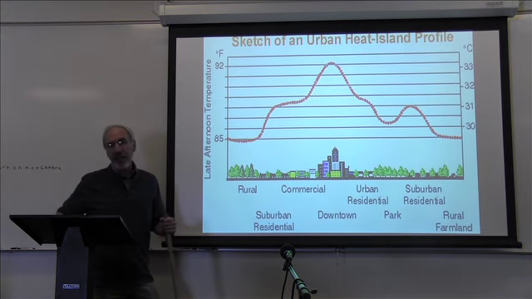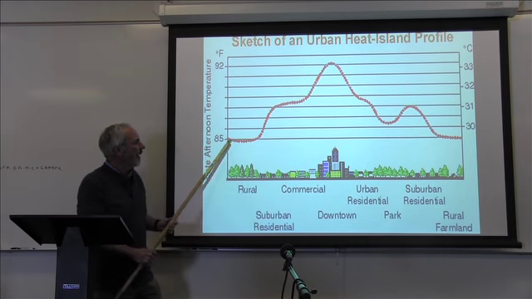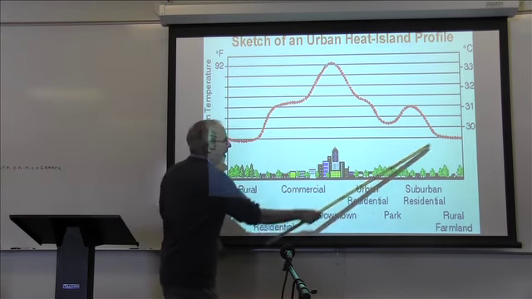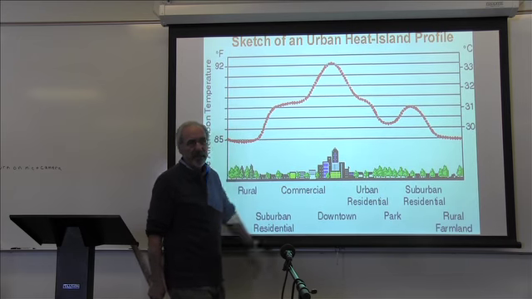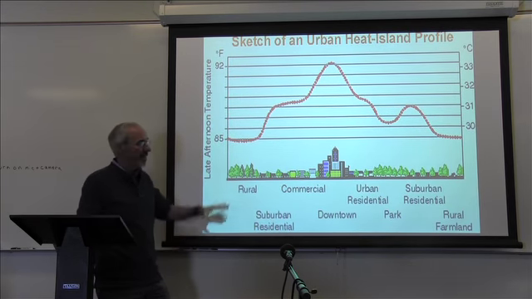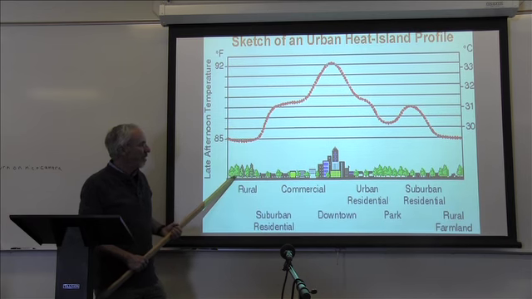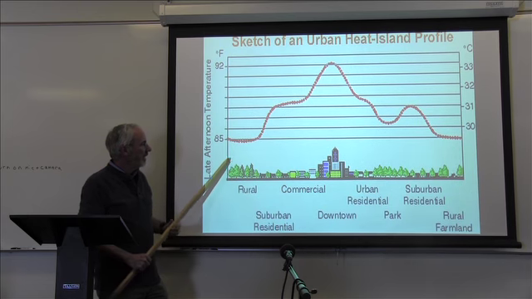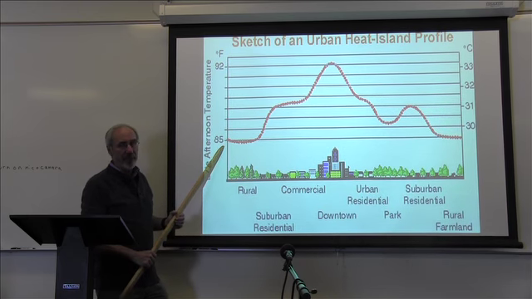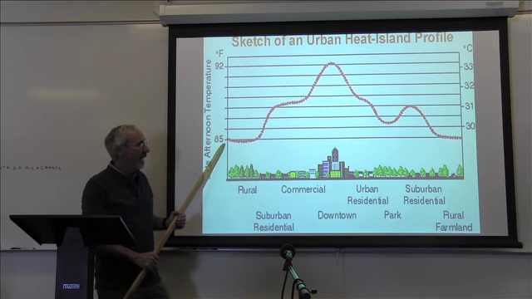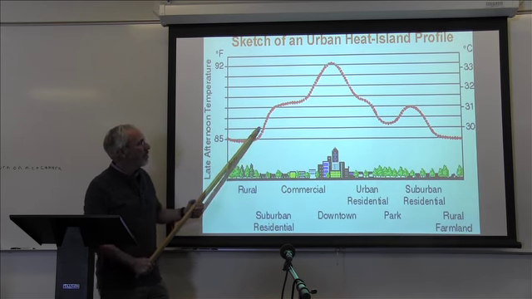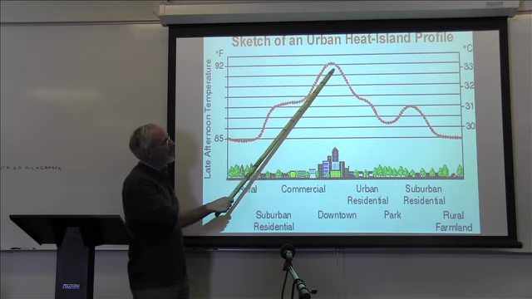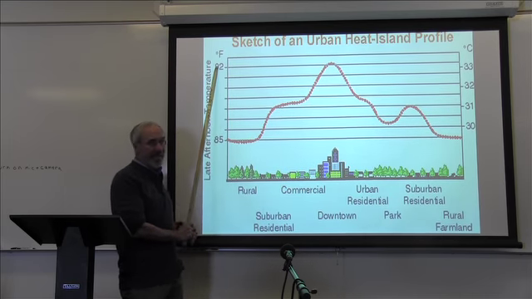So if we took a temperature profile across an urban center, and this is again theoretical, this is the kind of thing we tend to see. Now this is air temperature. You go out where there's a lot of vegetation on the outside of the city, a rural area, and you're going to get a relatively low temperature. In this case, we're looking at 85 degrees. As we move closer and closer into the center of the city, we end up at 92.